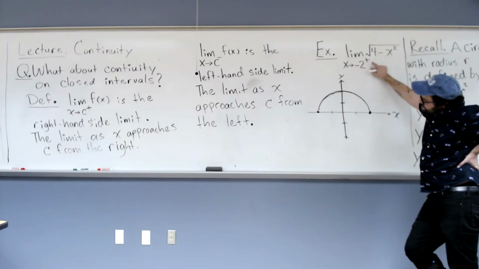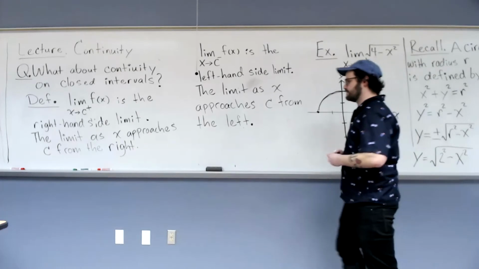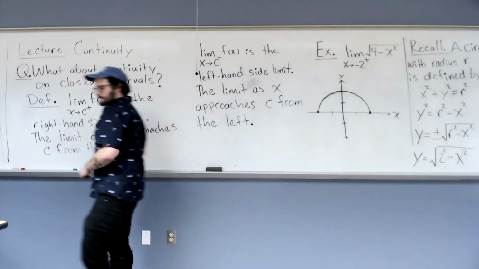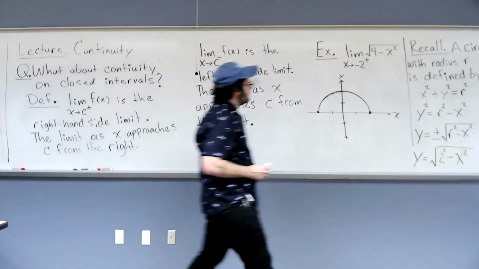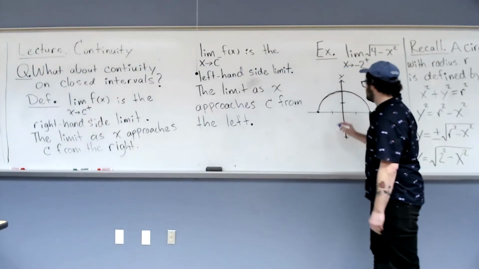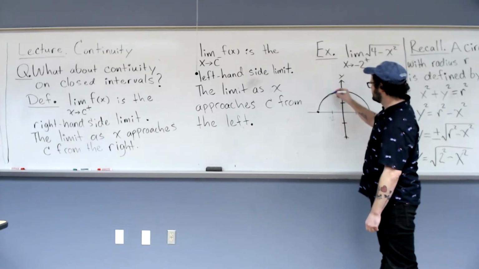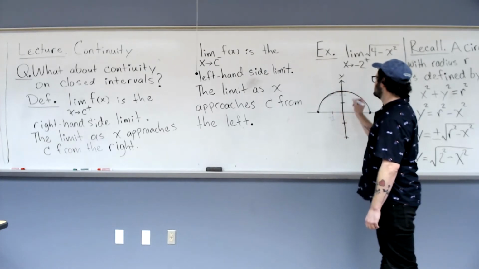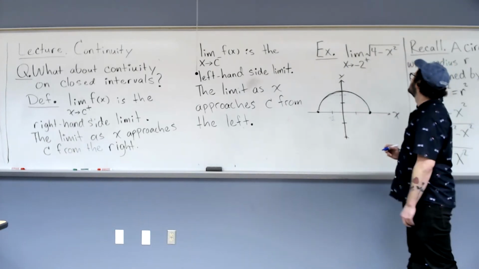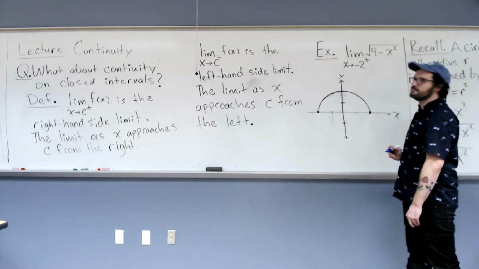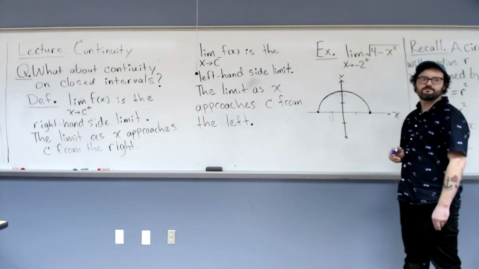But on the graph, we can see where it's heading. So when x is equal to -1, the function's value is up there, right? So it'd be √3, right?